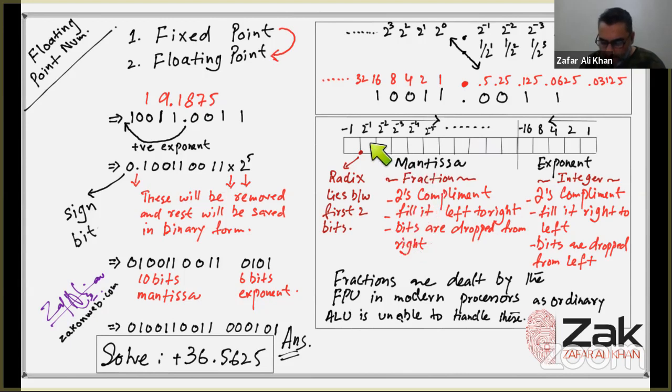Now, when we fill the mantissa, we fill it from left to right. So if we have more to fill and less space in the mantissa bits, then we fill it as much as we can and drop the rest of the bits. That is said to be overflow. And if it is in the exponent, in that case we fill it from right to left and we drop from the left, and that is overflow.